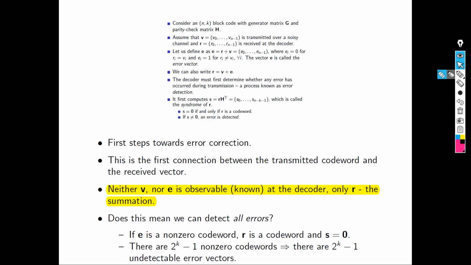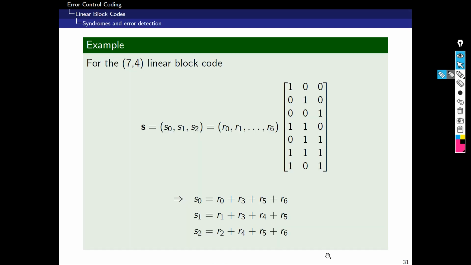You are using only a subset of them, which is the number corresponding to the number of different messages you have. So among all these, you have 2 to the power k minus 1 non-zero code words, and therefore 2 to the power k minus 1 undetectable error vectors.